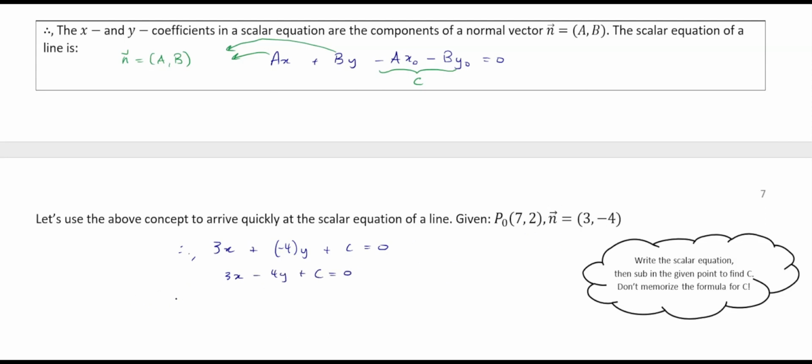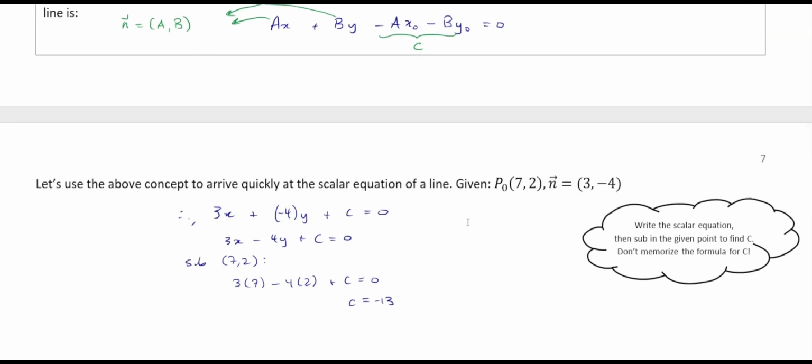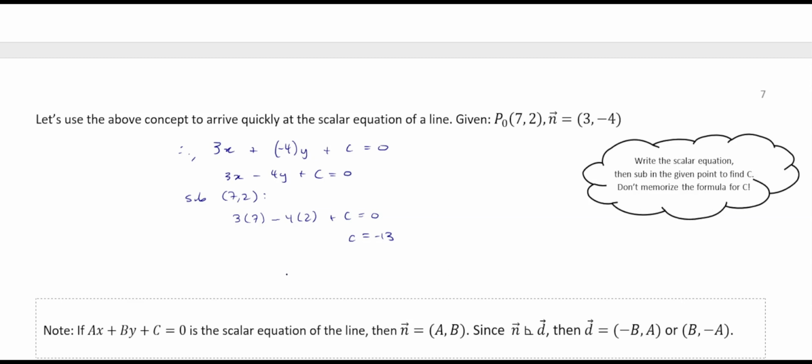And I have a point, so I just sub that in. Sub in (7, 2). So 3 times 7 minus 4 times 2 plus c is equal to 0. Isolating for c, I get negative 13. And so that's my scalar equation of a line. So therefore, 3x minus 4y minus 13 is equal to 0, and we'll put a box around it.